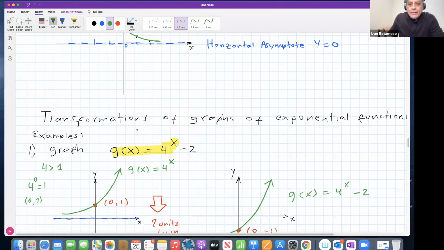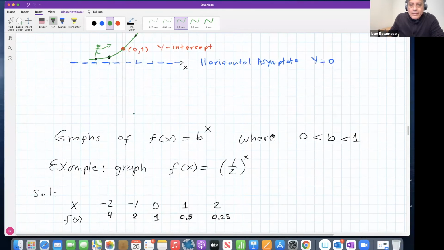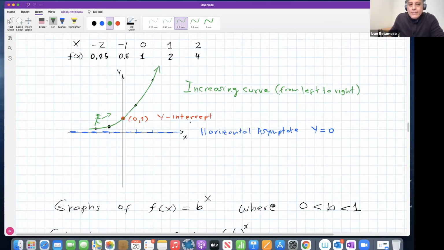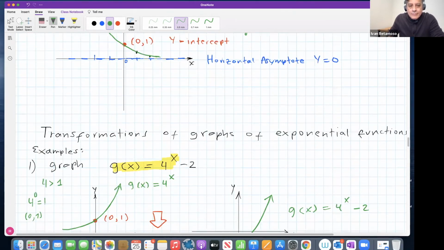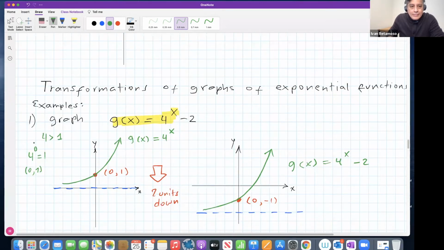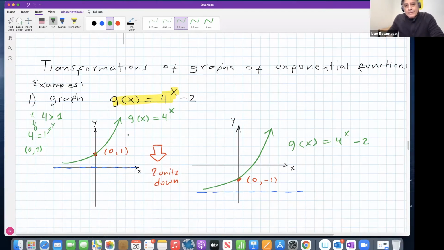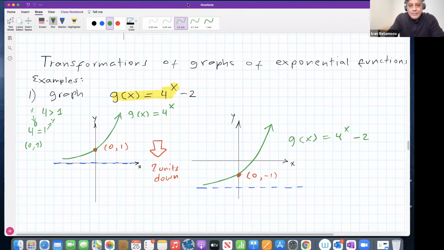We said that for any exponential function in basic form, this will always be the y-intercept. Now you follow, Gabriela? 4 raised to 0 is 1. This was the x value. This was the y value. Yeah, it will meet the graph. Great. Excellent. Now it's clear.